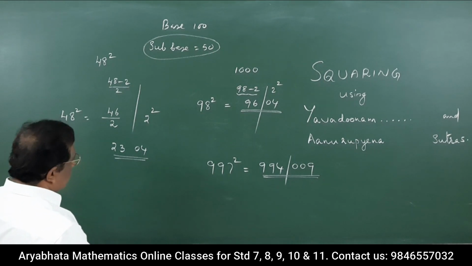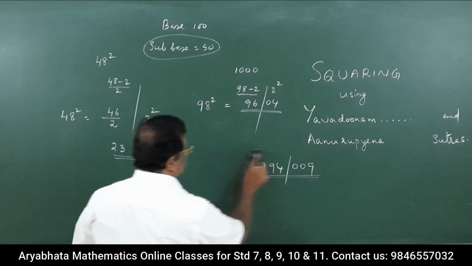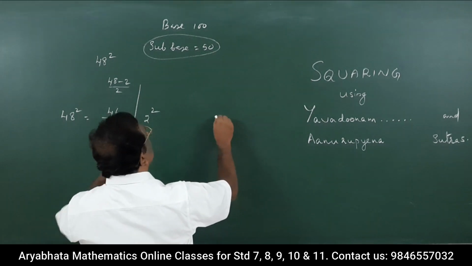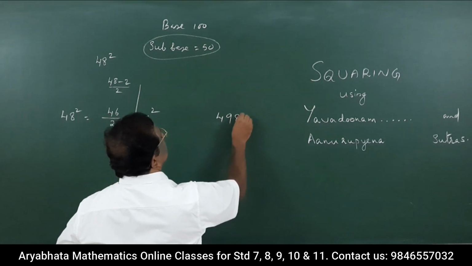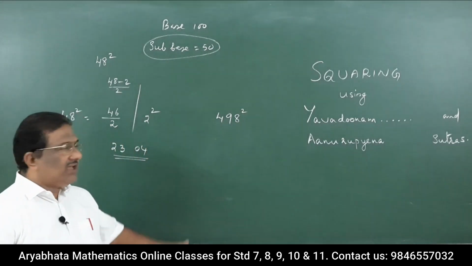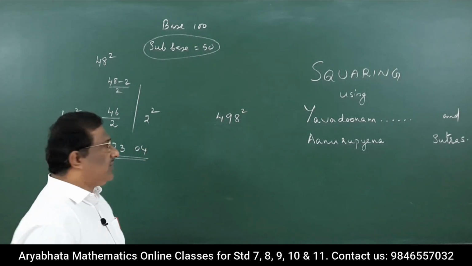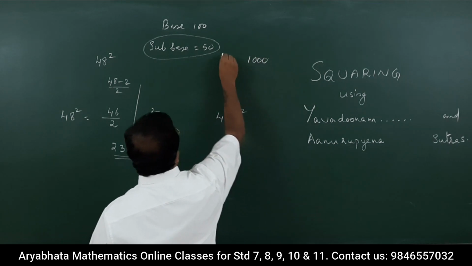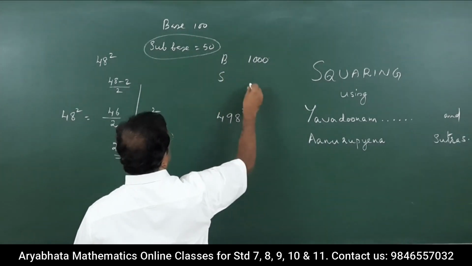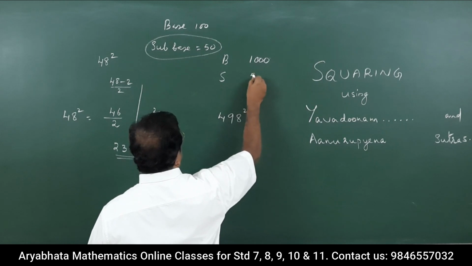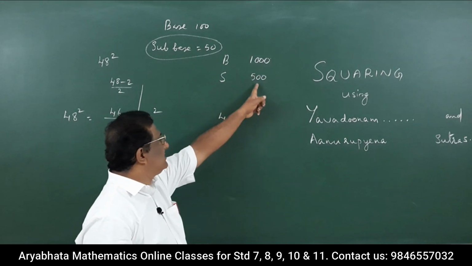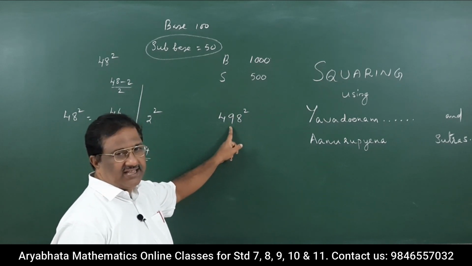See, I am going to show one more example. 498 square. To get 498 square, you can take 1000 as your base. This is the base and the sub base is half of 1000, 500. See, this number is 2 less than 500.